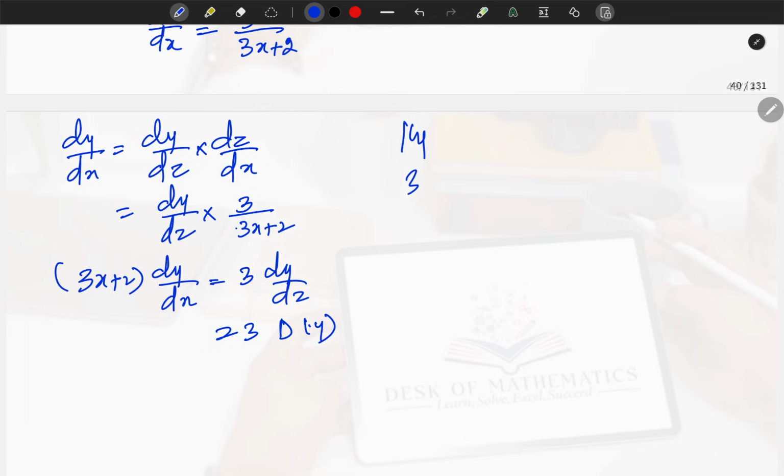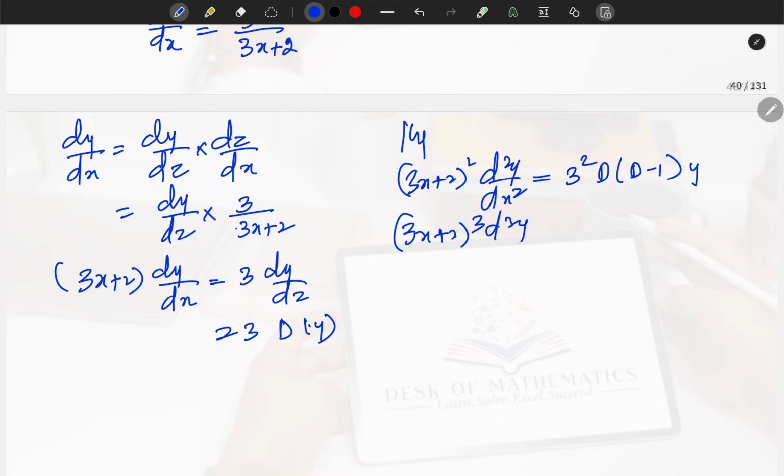Similarly, 3x plus 2 whole square d square y by dx square is equal to 3 square D into D minus 1 of y. 3x plus 2 whole cube d cube y by dx cube is equal to 3 cube D into D minus 1, D minus 2 of y.